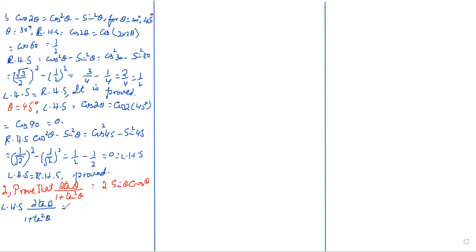We just write 2 times sine theta divided by cosine theta, and divided by 1 plus sine square theta over cosine square theta.